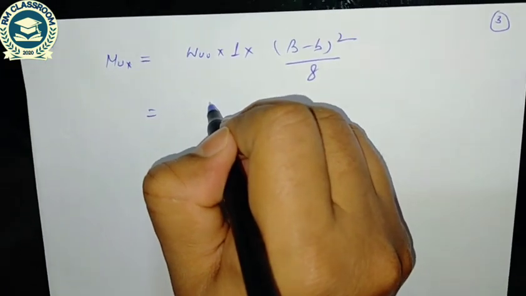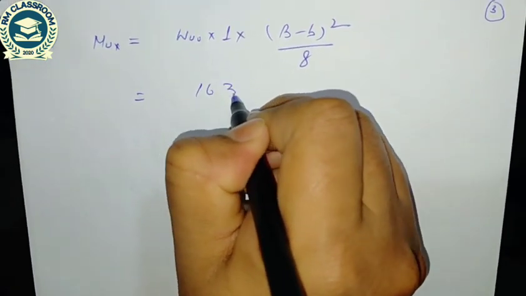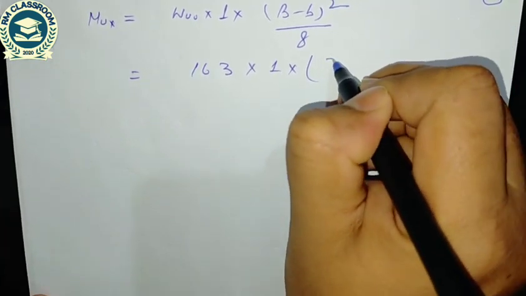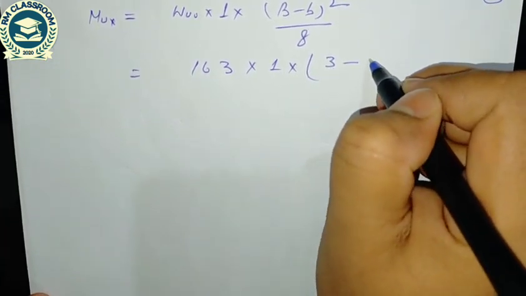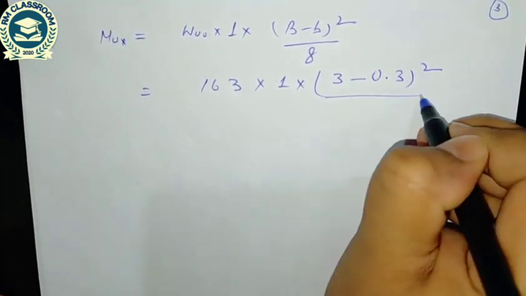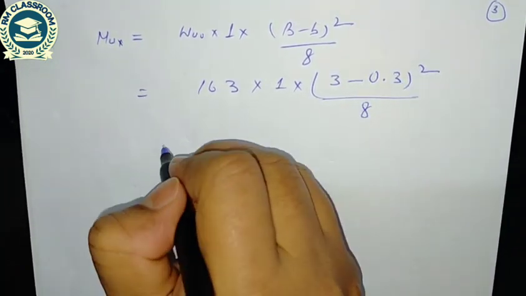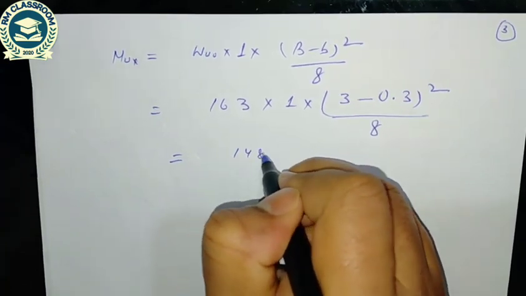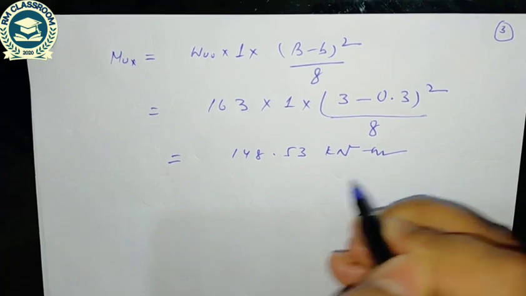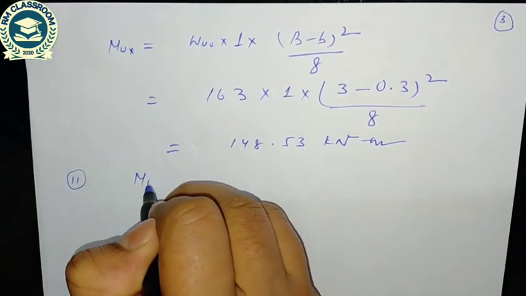Total factored soil pressure we have computed 163 into 1 into B is 3 meter, so 3 minus small b is 0.3, whole square divided by 8. So it is coming 148.53 kilonewton meter.